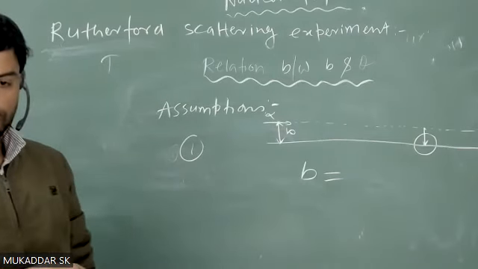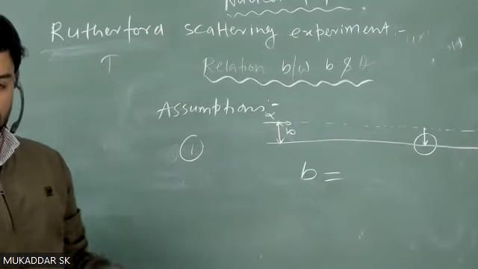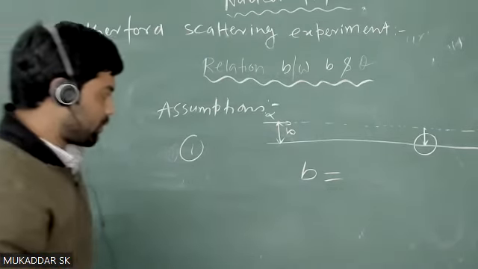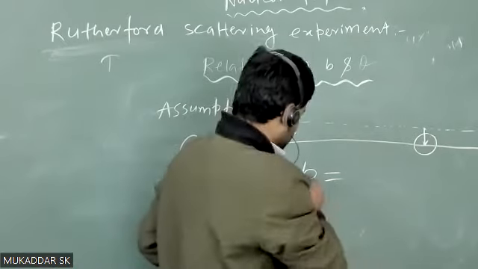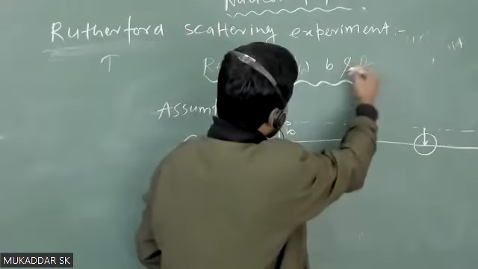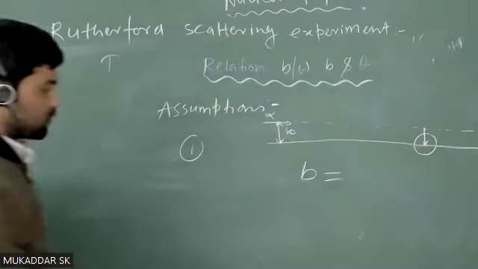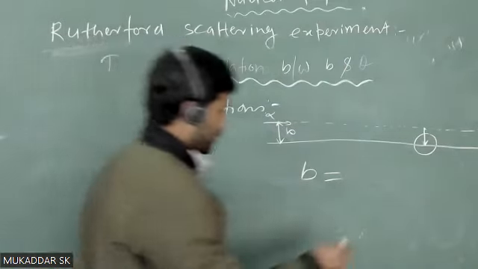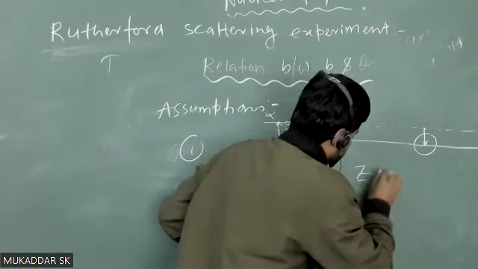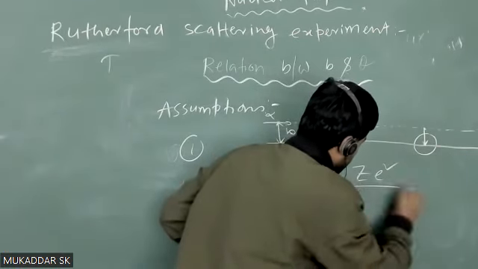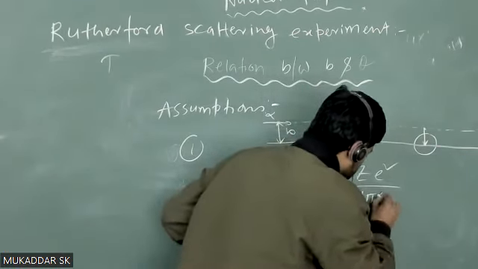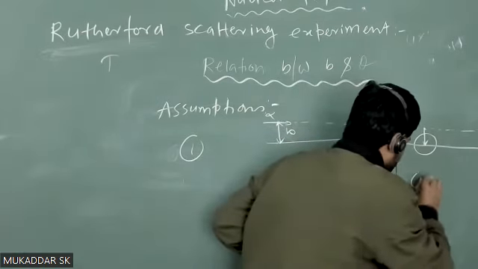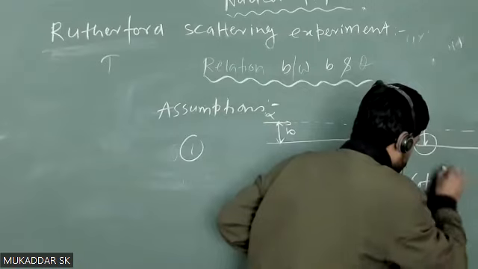Am I audible? Yes, sir. Now based on these two assumptions, he derived the relation between B and theta. I am not going to derive it because this will not help you in your competitive exam. So I'll just write: B equals Z e square by 4 pi epsilon naught K alpha, cot theta by 2.